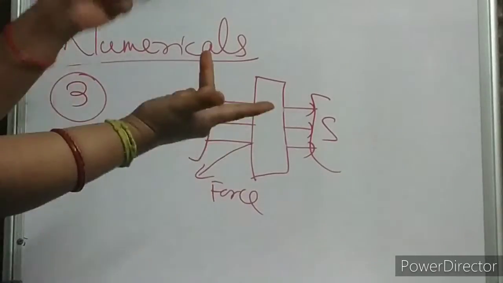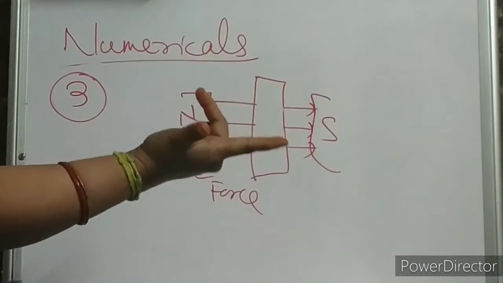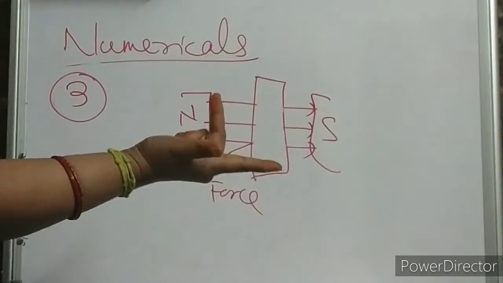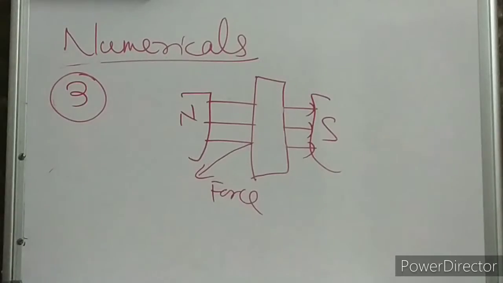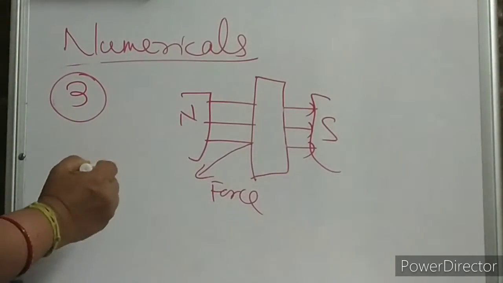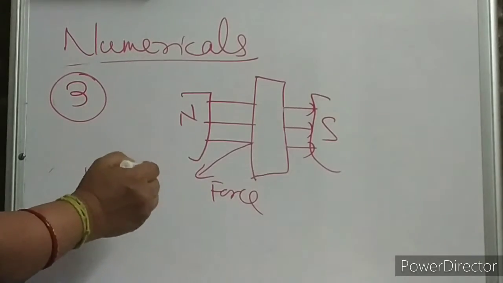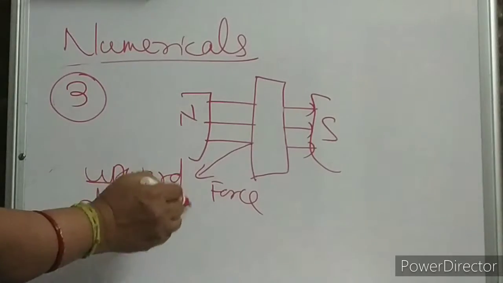It is in upward direction. Clear children? Magnetic field, force, thumb is your force, and central finger is for your current. So current flow will be in upward direction children. So your answer will be upward direction. Hope I am clear with the direction thing.